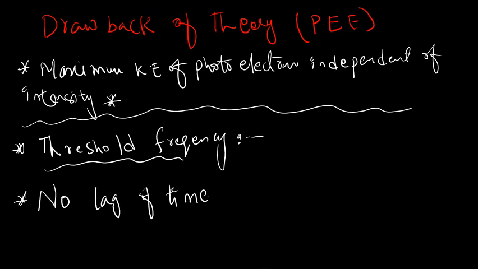So it should take time. First, the electron will collect the energy from incident light and then it should emit from the surface. But when we performed the photoelectric effect experiment, there was no observation of lag of time. So this is the third drawback of the wave theory of photoelectric effect.